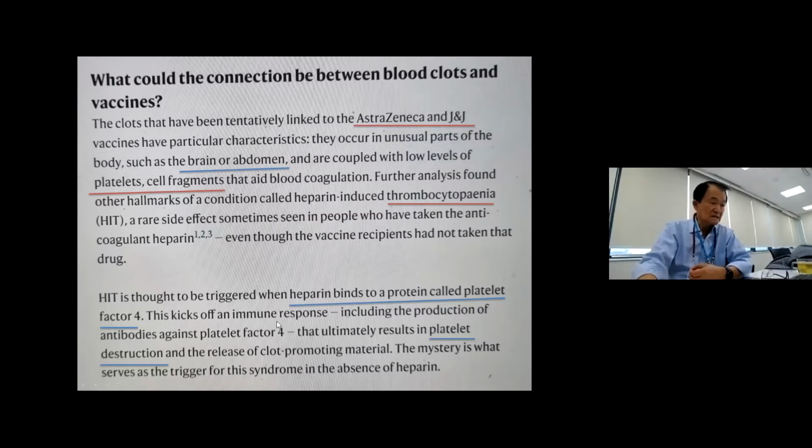And they are thinking that this kind of heparin therapy binds to the protein, so-called platelet factor 4. So apparently factor 4 is important, that this factor 4 destroys platelets. But still not clear. So without heparin, how this triggers all this syndrome, nobody knows.